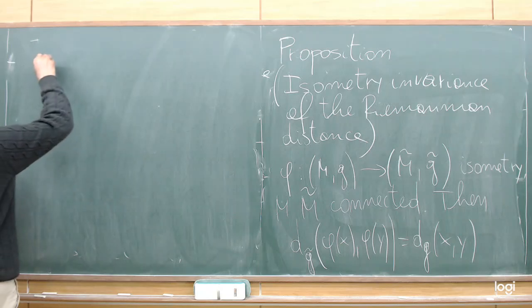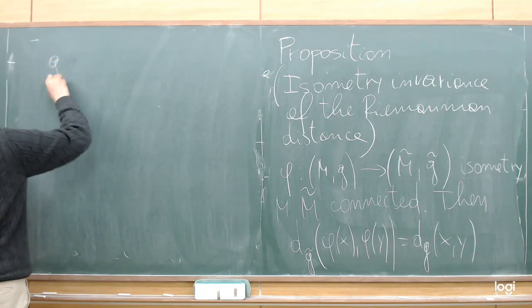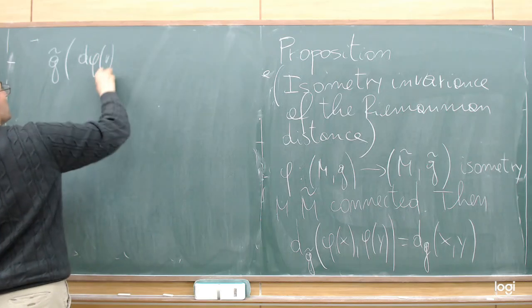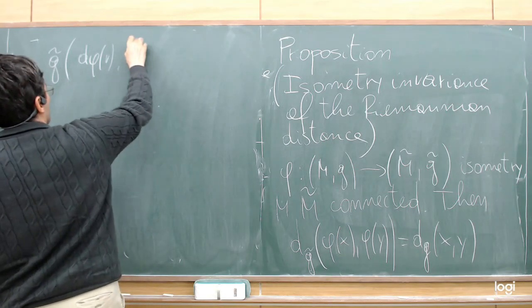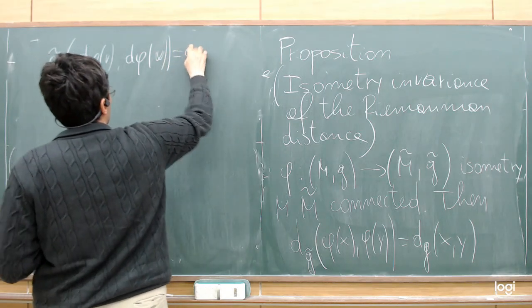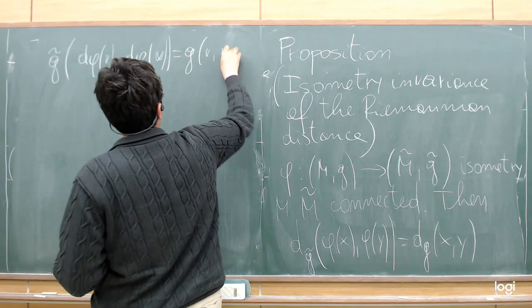Precisely, you have that g tilde of d phi v, d phi w is g of v, w.